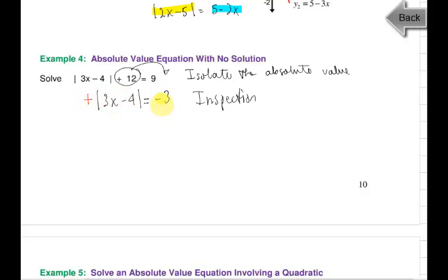Notice on the right you have a negative. There is no way that a positive can equal a negative, and so we say there is no solution, and we can use this symbol for no solution. All right, that ends this segment.